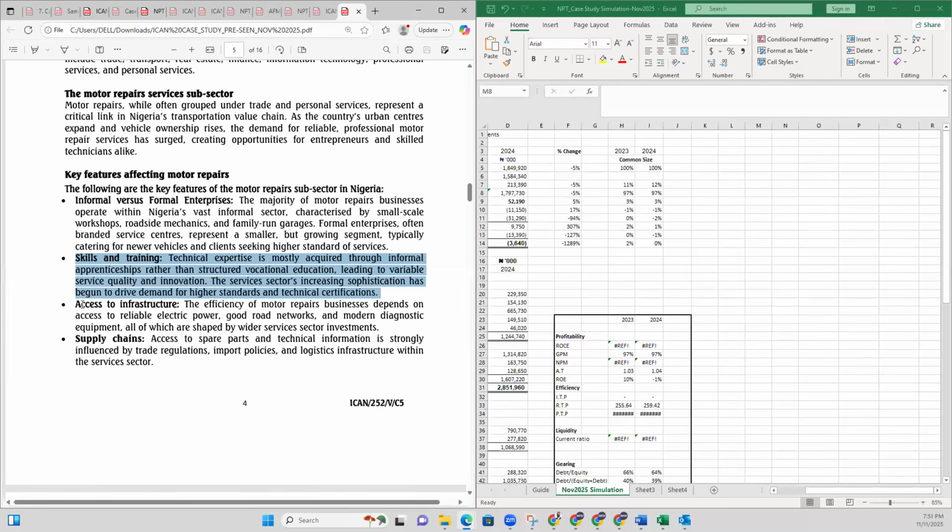Then it says access to infrastructure, and that's another problem. If we look at it from technology and modern tools for diagnosing issues, you realize that the big boys that have repair centers, which are only taking care of maybe less than 10% of the repair in that sector, are probably able to afford the tools required to do proper testing or diagnose problems with cars.